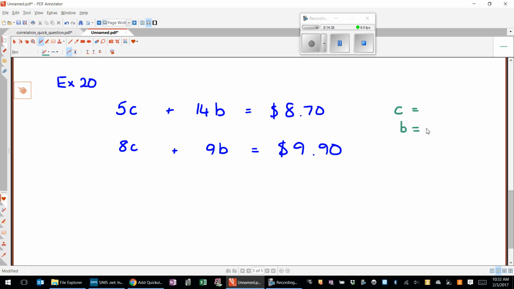No. Someone said price. Because it's 5 times the price. C represents the price of 1 coconut. The reason why we know that is because look what it equals. It equals money.